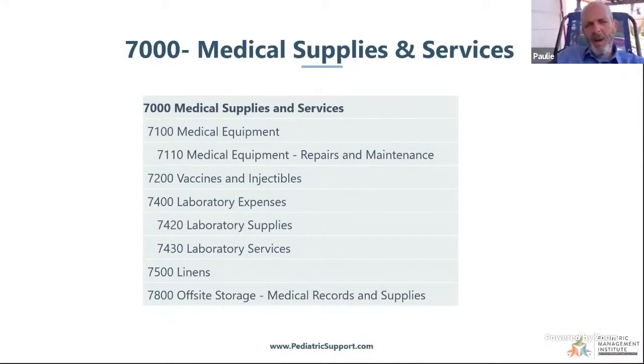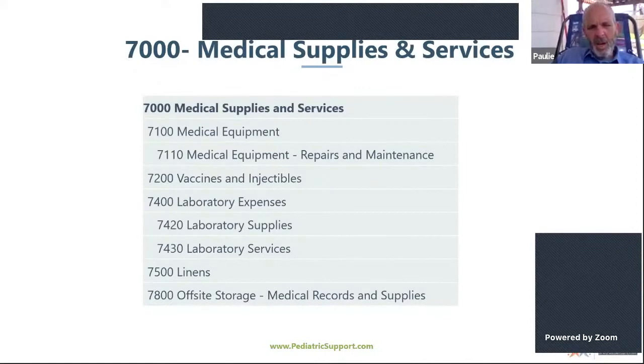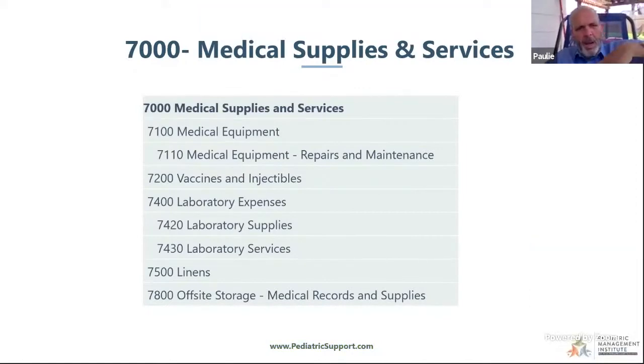So with that in mind, it is an area that people can continue to do those things, but generally speaking, I want to be able to isolate and quickly identify on the profit and loss report what were my vaccine costs.